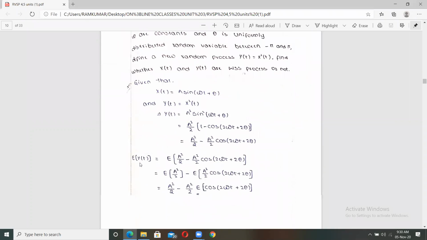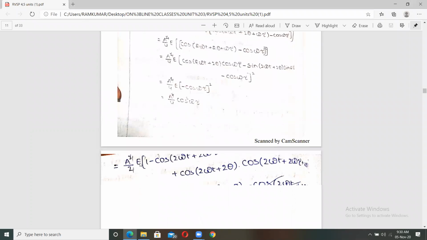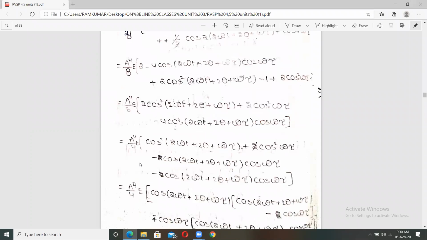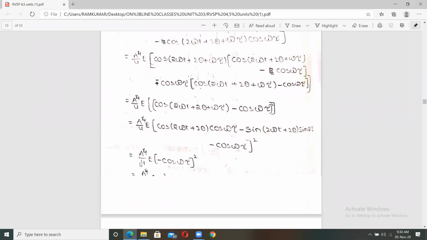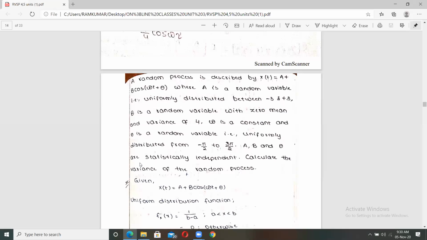Coming to the next problem. The problems we have discussed so far are all different models related to wide-sense stationary process.